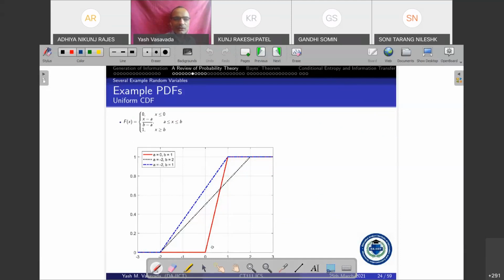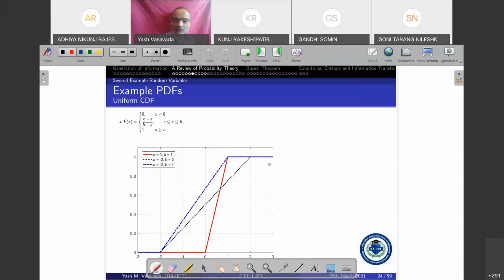And obviously, if you integrate that rectangle, you are going to get a straight line moving upward, which is what all these 3 colors are. Specifically, if I go to the left side of this real number line, I get a value of 0. If I go sufficiently towards the right, I get a value of 1.